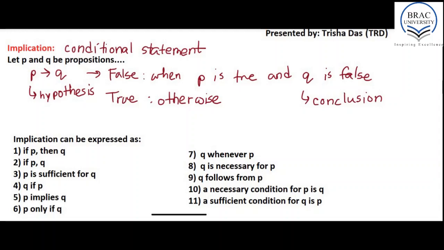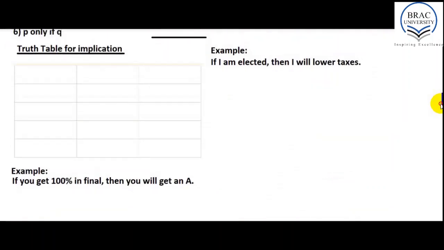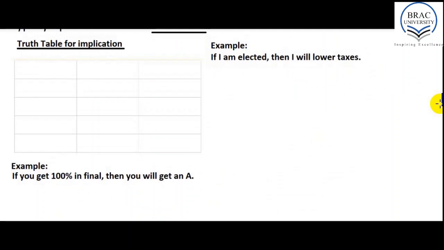So let's move forward to the truth table of implication. This is our hypothesis P, and this is our conclusion Q. So P implies Q. Now if P is true and Q is also true, the implication is true.